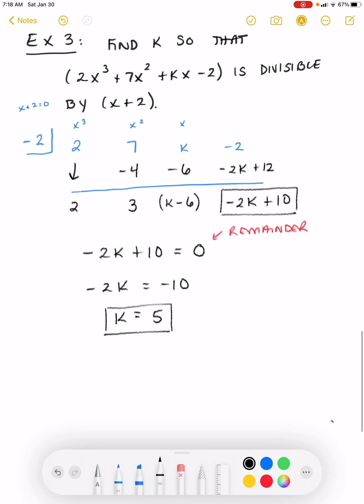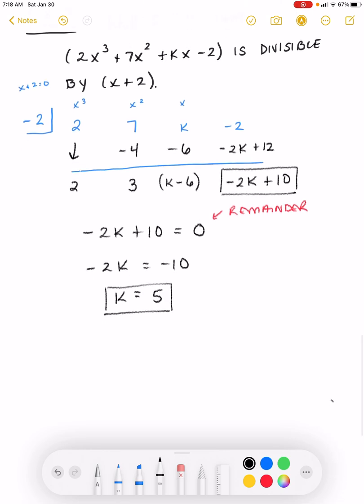Now, the other thing that we could do is use the remainder theorem, and I could evaluate the polynomial. This means that I could plug in x equals -2, and the result will be the remainder, which is 0. So what does that look like?